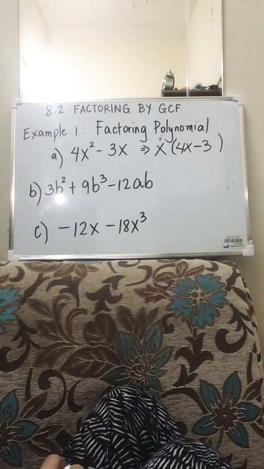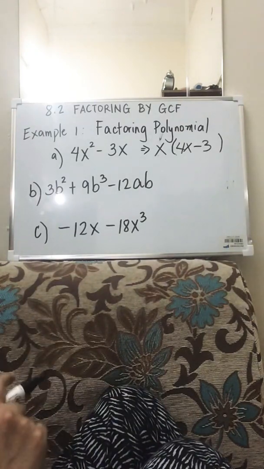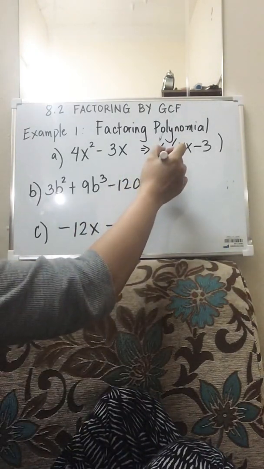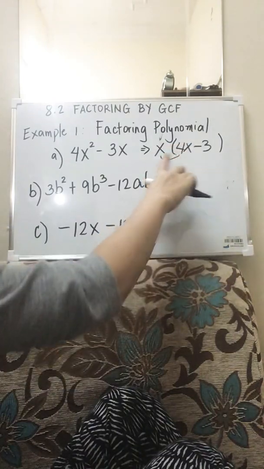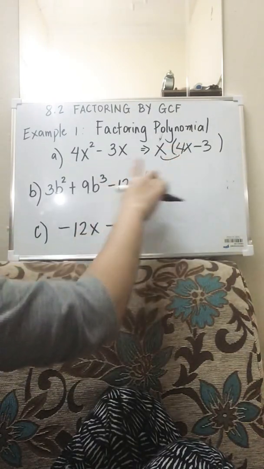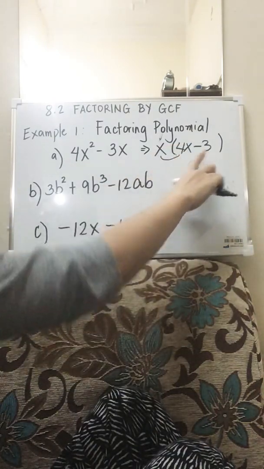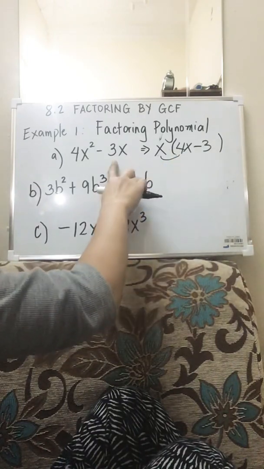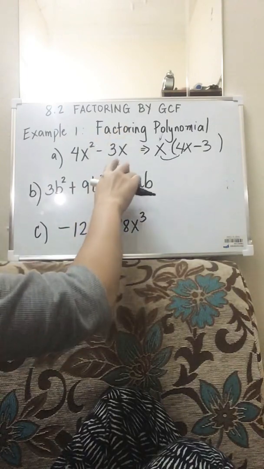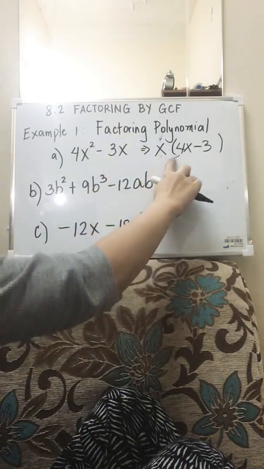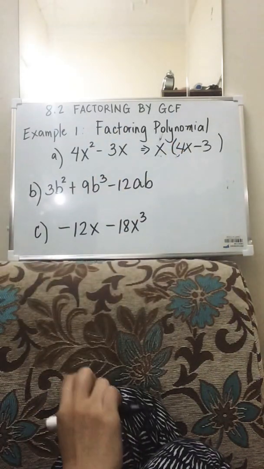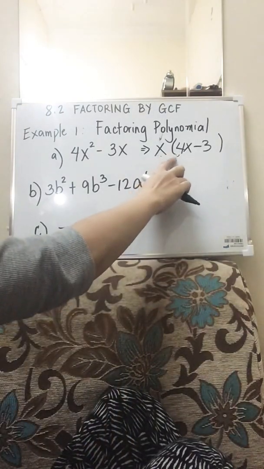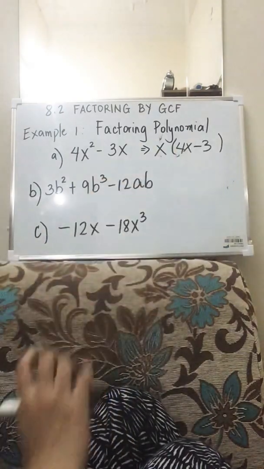For you to know that your factor is correct, you apply the distributive property. x times 4x is what? 4x squared, and that is the given. x times negative 3 is what? Minus 3x, and that's the given. So if you come up with the original given binomial using your factors, your factor is correct. So the answer is x times (4x minus 3).